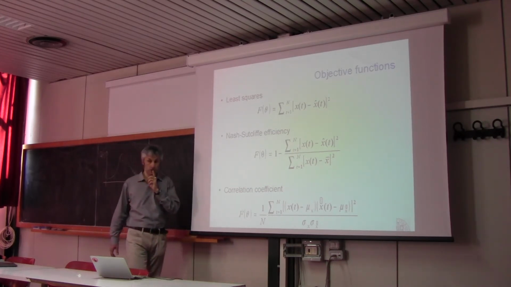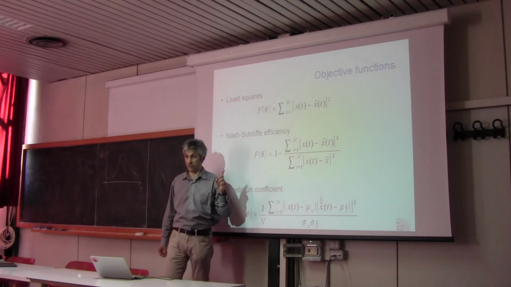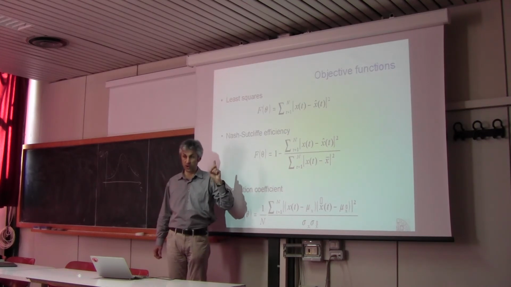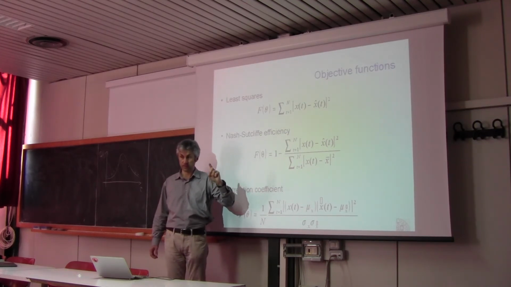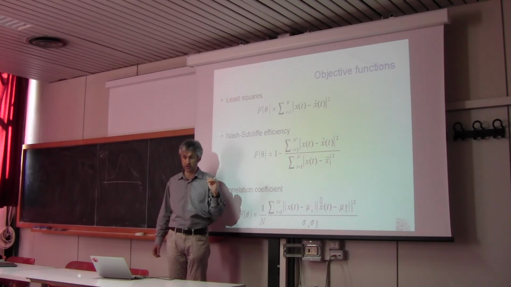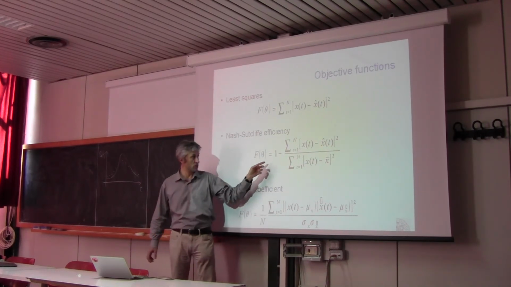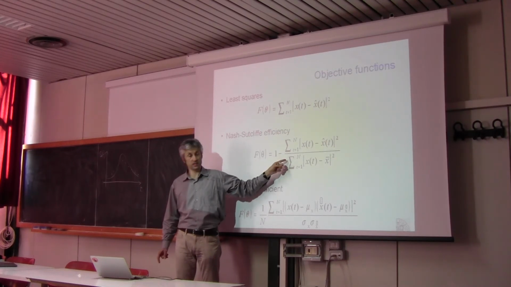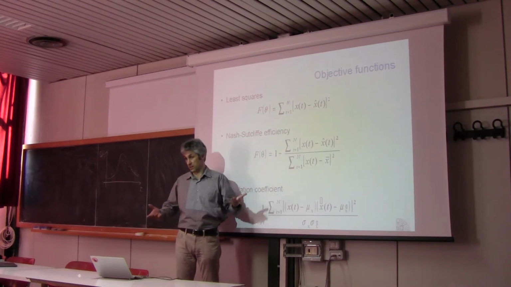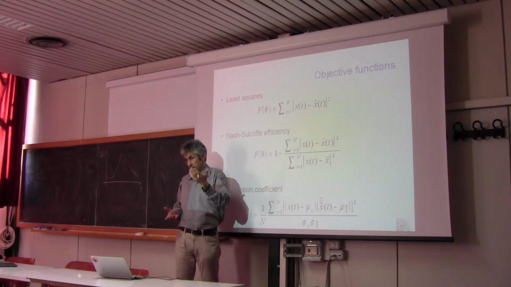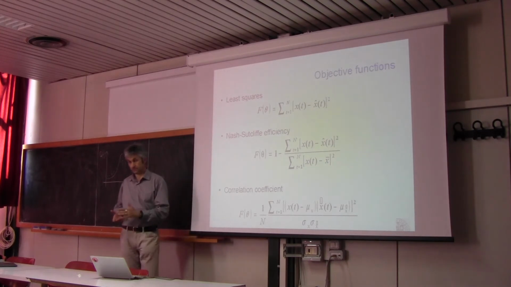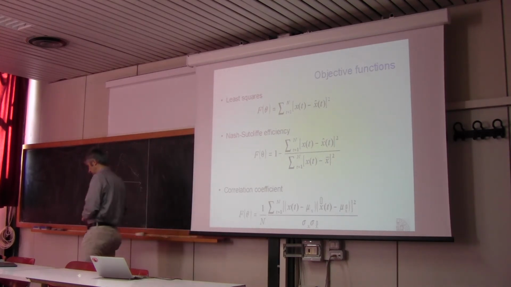So what is the value of the Nash-Sutcliffe efficiency for a perfect model? It is 1. So the Nash-Sutcliffe efficiency gives a value of 1 to the perfect model, and then this value decreases for decreasing model performance, because of course we have here 1 minus something, and the something increases with decreasing goodness of the model. Okay, so the upper value is 1.